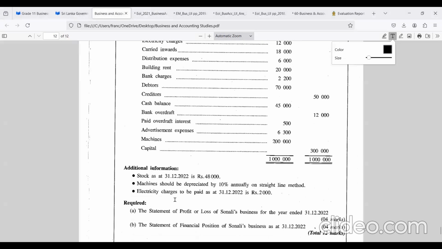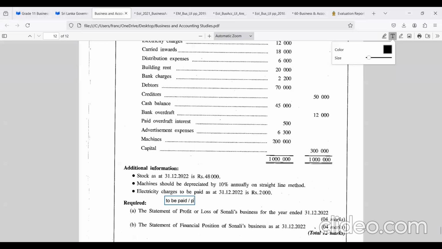The last one, electricity charges to be paid. What is meant by to be paid? Now these are English words, right?